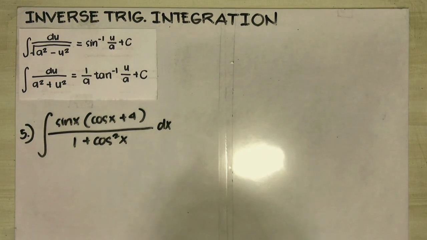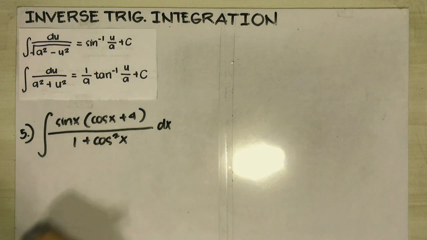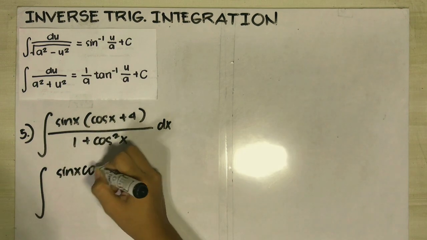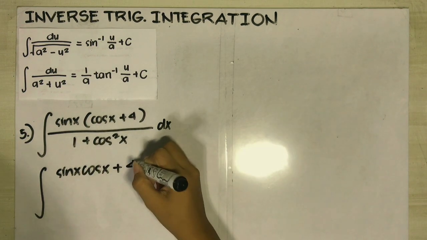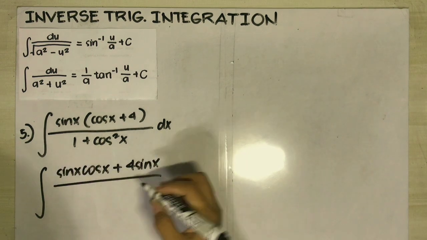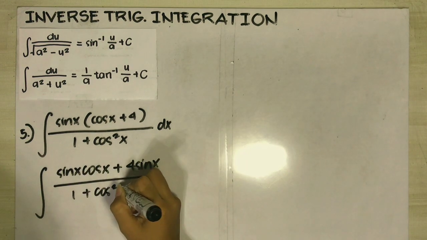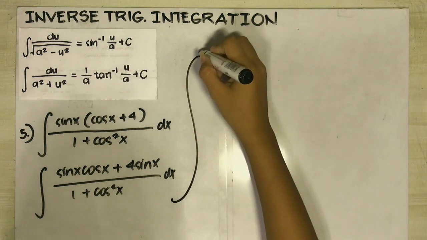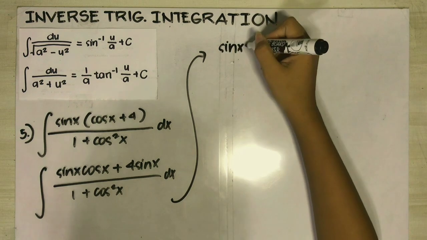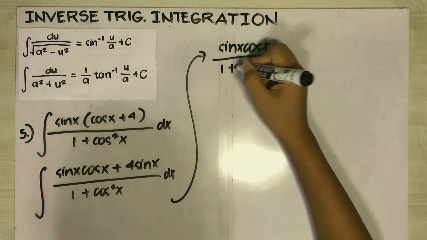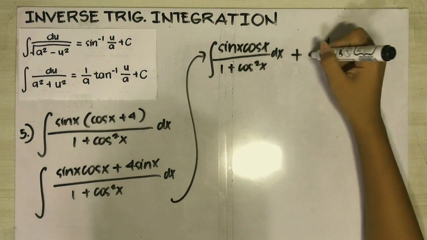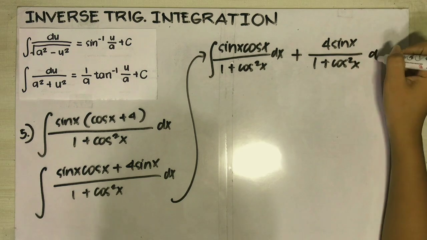So for number 5, we have the integral of sine x times (cosine x plus 4) over 1 plus cosine squared x dx. So first, let's simplify the numerator. So sine x times cosine x plus 4 sine x all over 1 plus cosine squared x. So this is equal to the integral of sine x times cosine x over 1 plus cosine squared x plus the integral of 4 sine x over 1 plus cosine squared x.